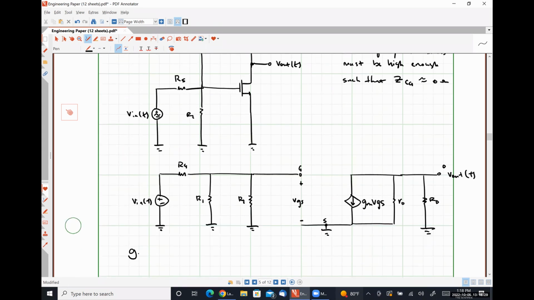Where GM is given by 2 mu n C ox W over L times ID. And R naught is 1 over lambda.